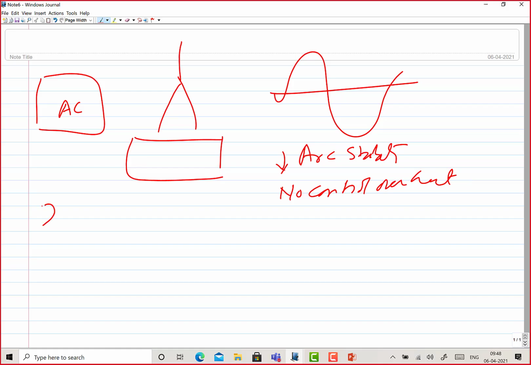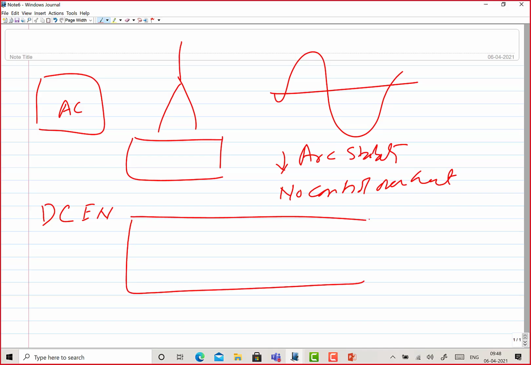If we go by DCEN, let's take an example of the kind of geometries which are realized. The DCEN gives you the penetration like this. The DCEP, reverse polarity, will give you lesser penetration.